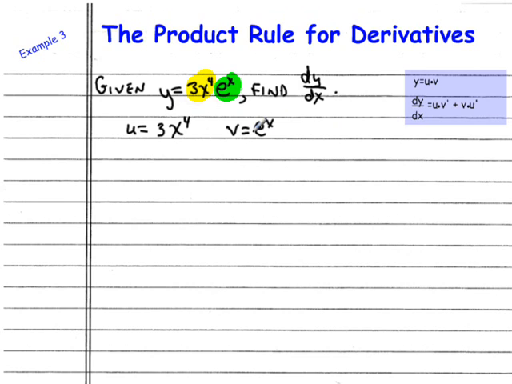And we know to use the product rule, we need the derivatives of each of those, u prime and v prime. And of course, it's very easy to calculate here. 4 times 3 is 12. X to a power that is 4 minus 1, which is 3. Now, we have to remember in the case of e to the x that the derivative of e to the x is simply e to the x. It's not a typo when we do this.